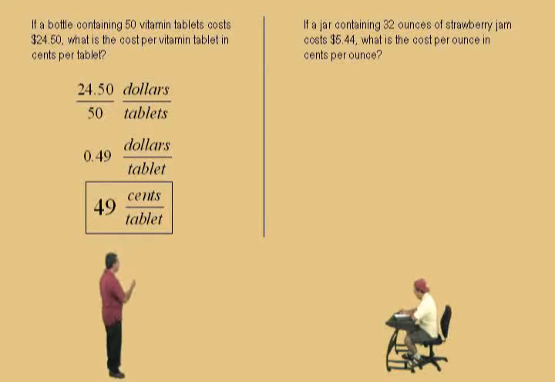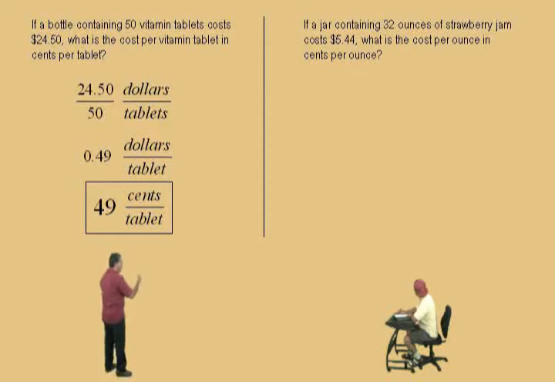Now, if a jar containing 32 ounces of strawberry jam costs $5.44, what is the cost per ounce in, again, cents per ounce? So our final answer has to be cents over ounce, not dollars over ounce.